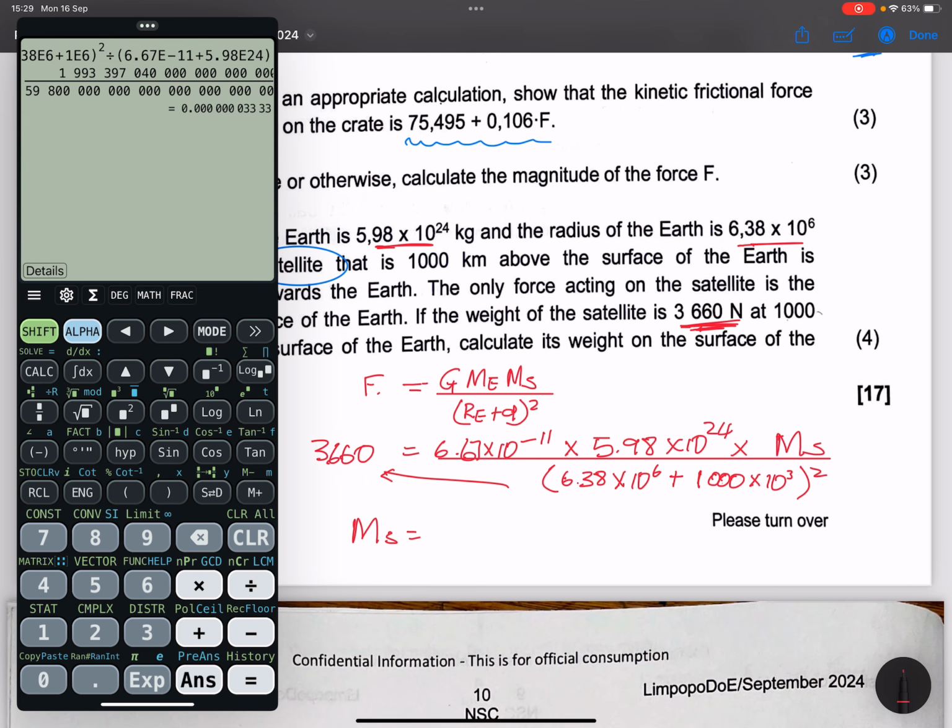No, I said plus instead of multiplied by. Apologies there. This is supposed to be multiplied by.